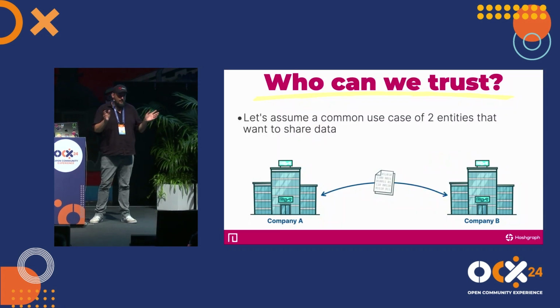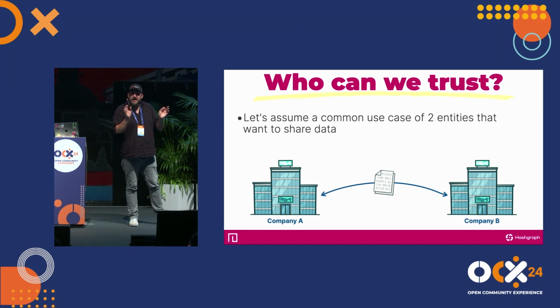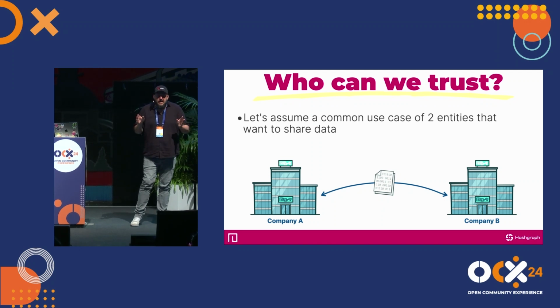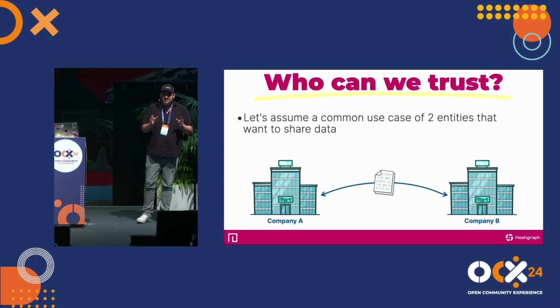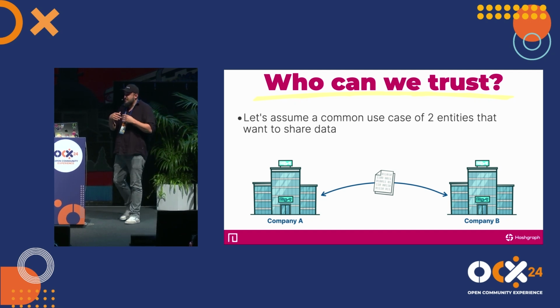Let's assume we have two companies, independent, if it's a bank or something else, right? And those companies have this super common use case that we have everywhere in our industry today. They want to share data, they want to exchange data between each other.